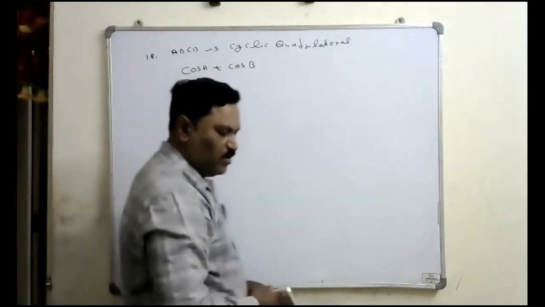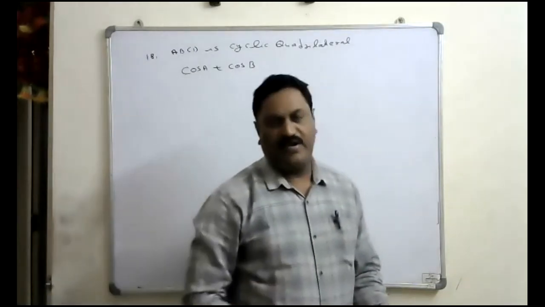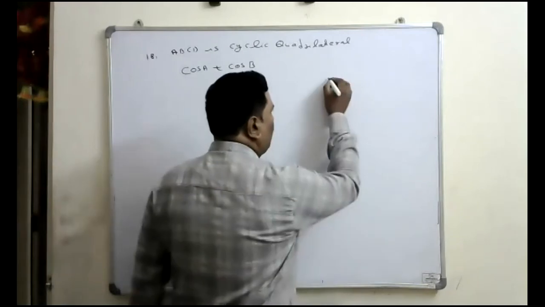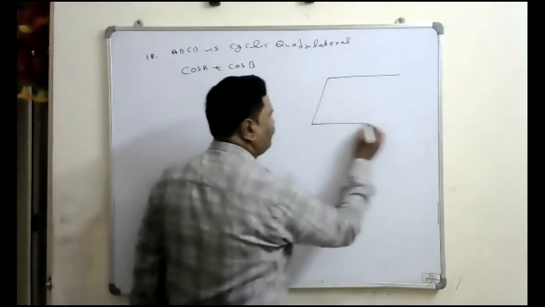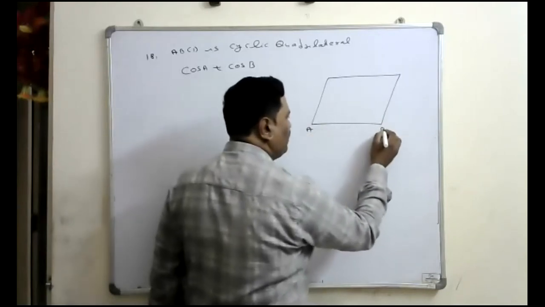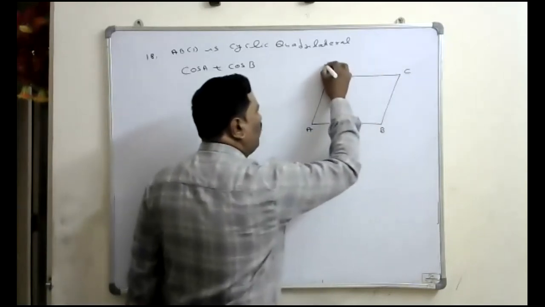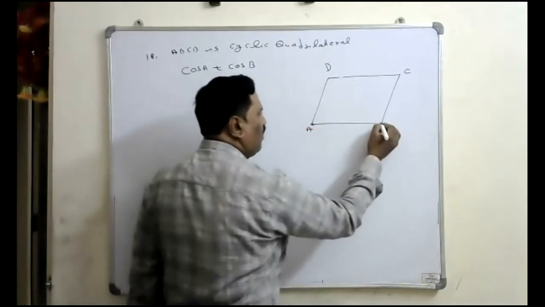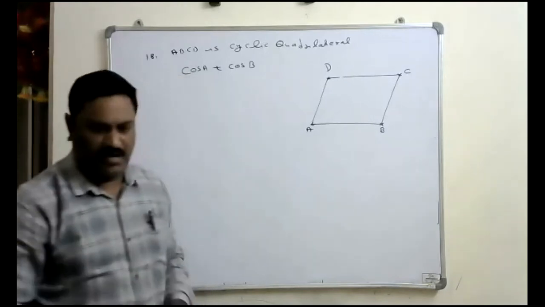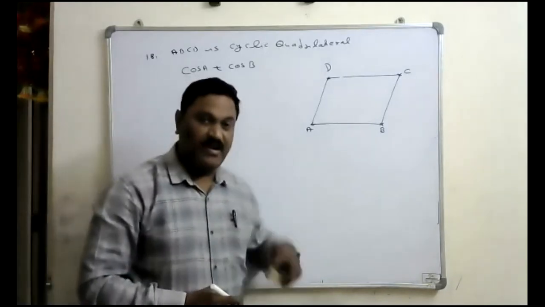But what is the meaning of a cyclic quadrilateral? If you consider a quadrilateral ABCD, and all the vertices of the quadrilateral lie on the same circle, then it is called a cyclic quadrilateral.